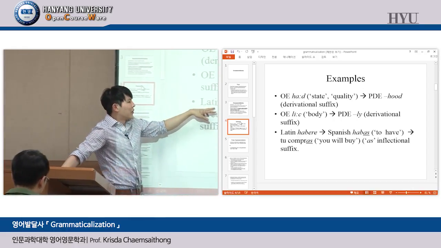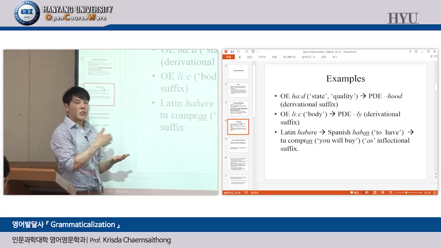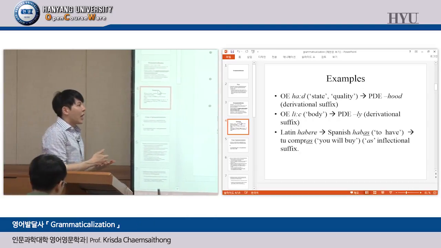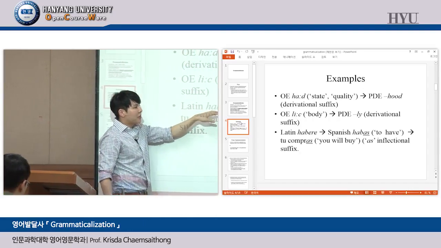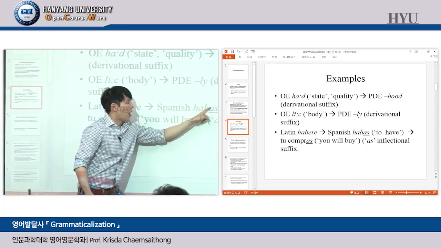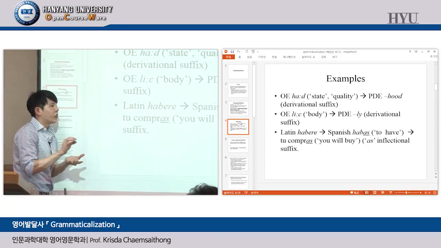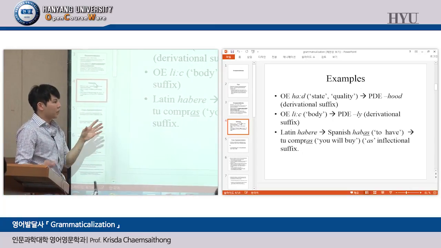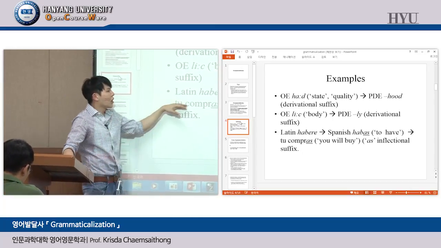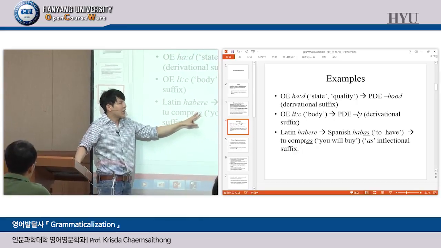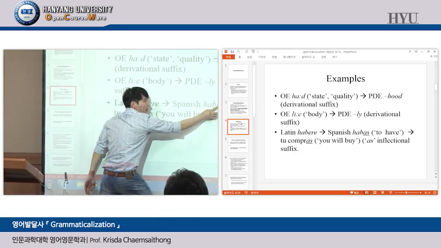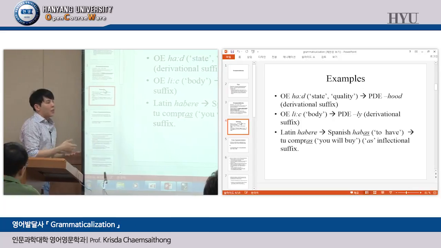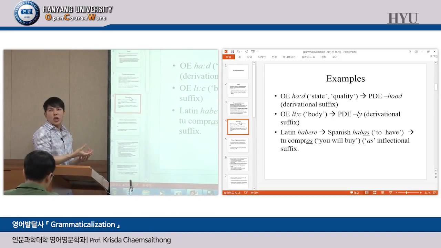Or Latin, the verb habere, which means to have, right? Now, the verb habere has become a suffix on other verbs in Romance languages, which means will, future marker. Compraras, so the as here is from the verb to have, but it has become a future marker, right?